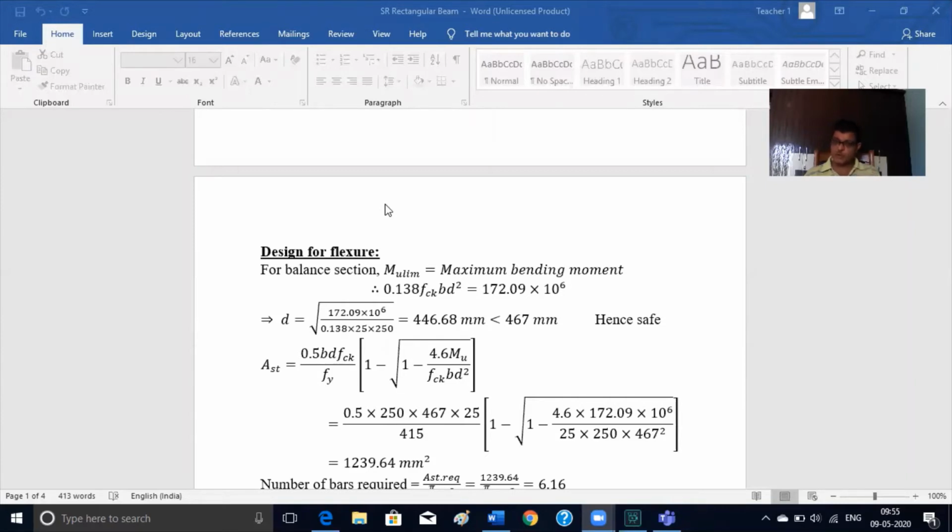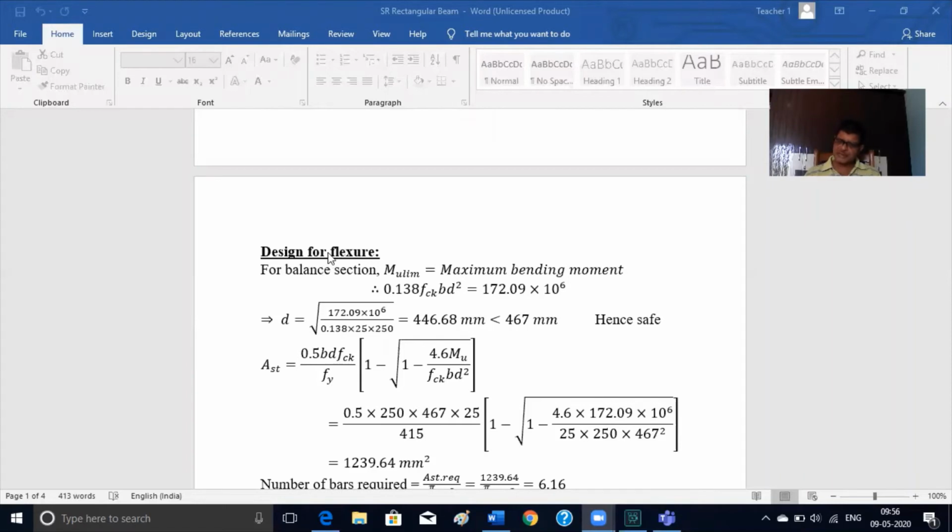Under the limit state of collapse, you have flexure, that is bending, then shear, then torsion, and combinations of these may also come. In serviceability, you will find deflection check, crack width, temperature, and fire resistance. Many things come under the serviceability criteria.